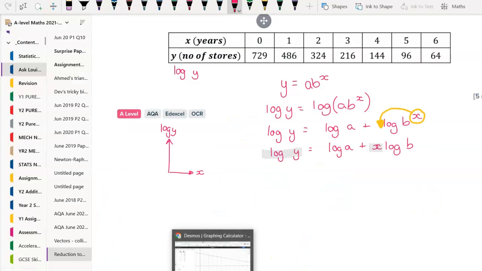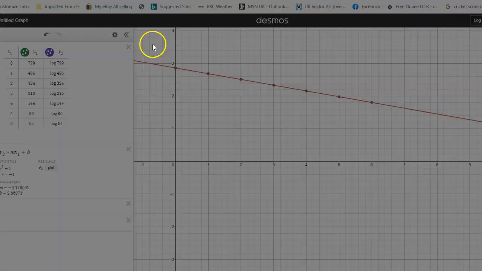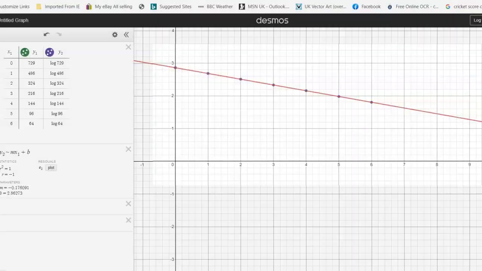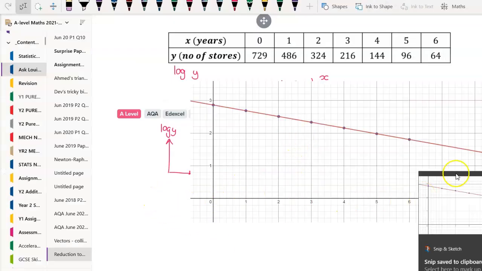Hello, right, I'm back. So I tootled off to Desmos and I plotted my log of y here against our x values here, and we get this beautiful straight line. Okay, so I'm going to take my straight line, which is log y on one axis and x on the other. And we can quite clearly see now what's going on from this.